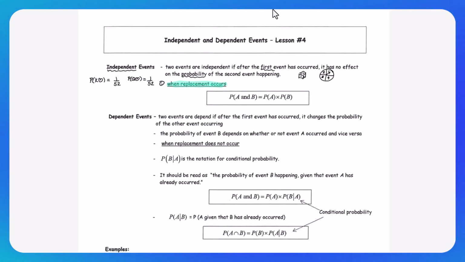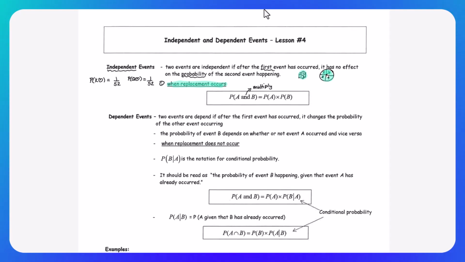And when we have replacement, or when we have events that have no bearing on one another, we can say that the probability of A and B equals the probability of A times the probability of B. We can use the word "and" as a little hint: "and" refers to multiply.